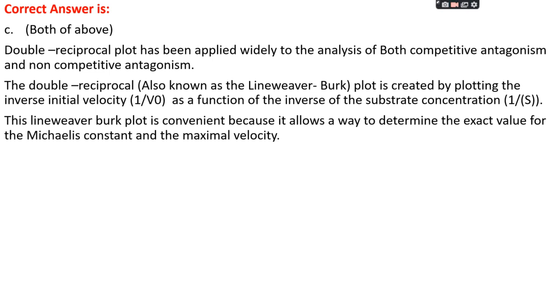The double reciprocal plot, also known as the Lineweaver-Burk plot, is created by plotting the inverse of the initial velocity as a function of the inverse of the substrate concentration. This Lineweaver-Burk plot is convenient because it allows us to determine the exact values for the Michaelis constant and the maximum velocity.